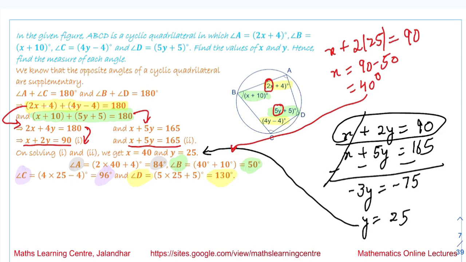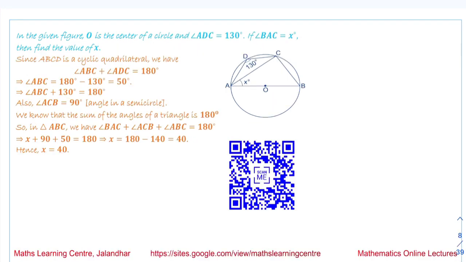130 degrees. Now in this next question, it is given that AOD is the diameter. If AOD is the diameter, then angle ACB will be 90 degrees.